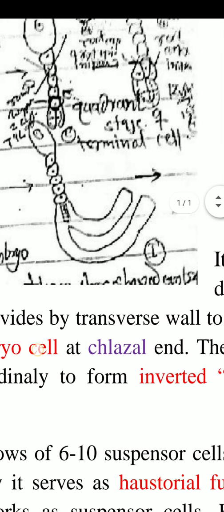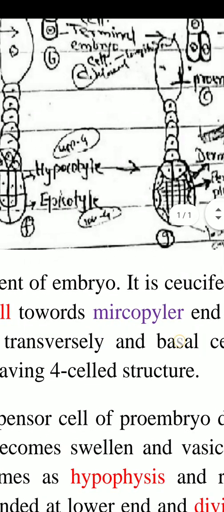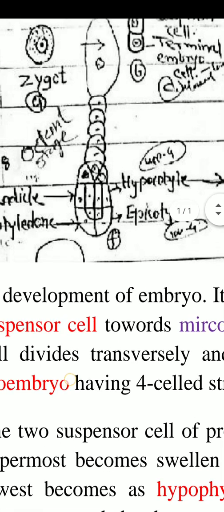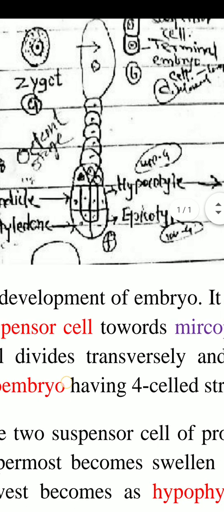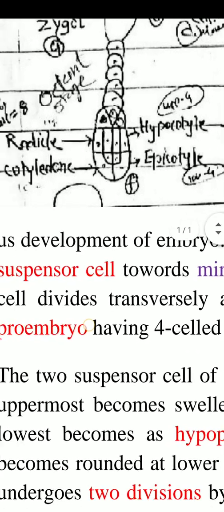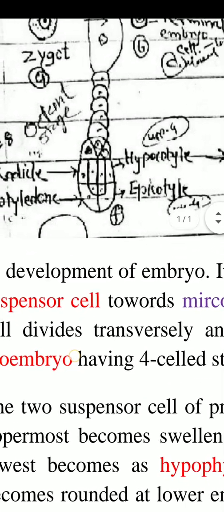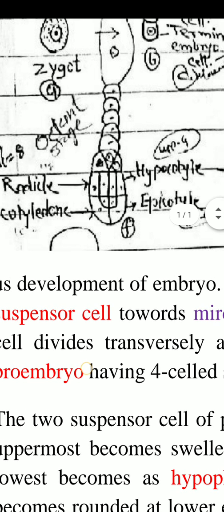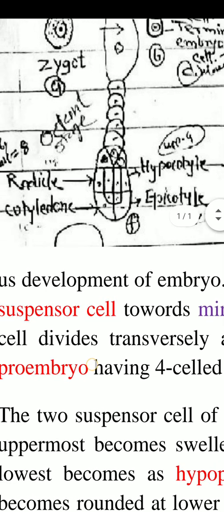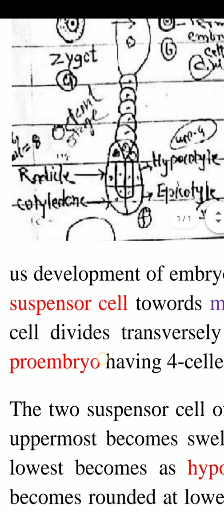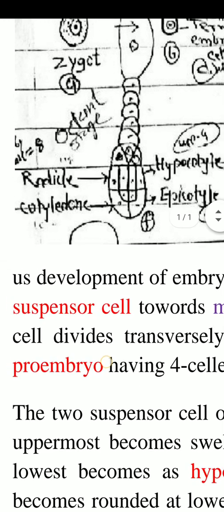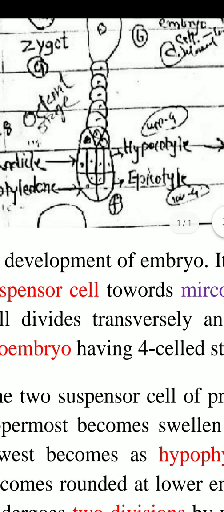After this quadrant, the development continues, and it starts only in the basal terminal part of the embryonic cells, which divide again to form an eight-celled structure in the F diagram. This eight-celled structure shows two tiers, upper and lower. The upper tier gives rise to the initial cells of the radicle and hypocotyl, while the lower tier gives rise to the cotyledon and epicotyl.